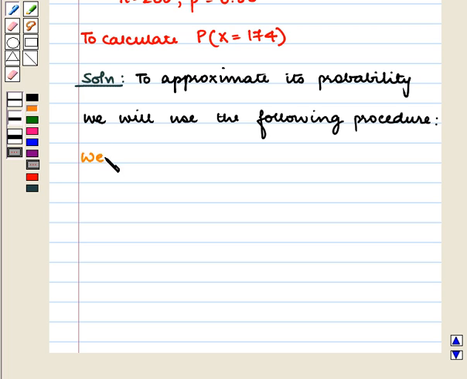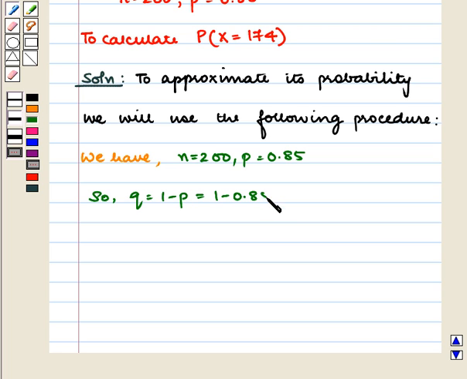We have n equal to 200 and p equal to 0.85. So, q is equal to 1 minus p, which is equal to 1 minus 0.85, that is equal to 0.15.